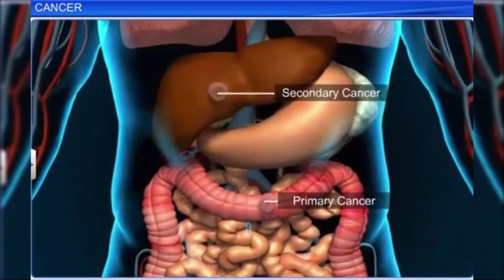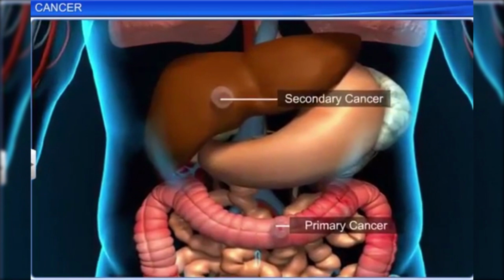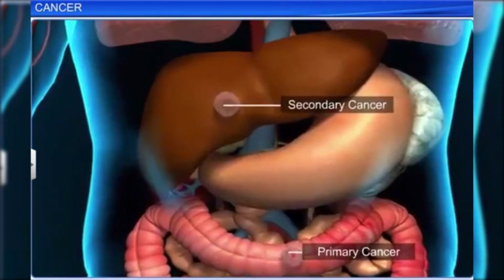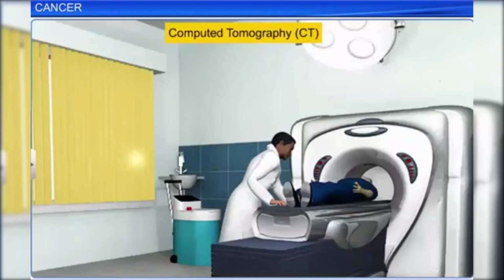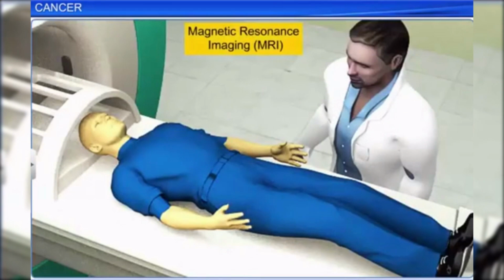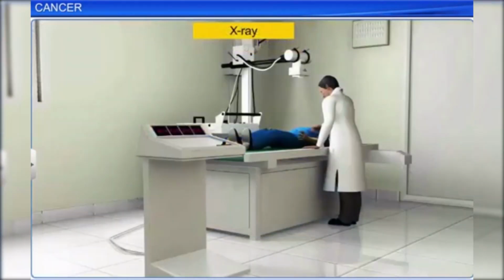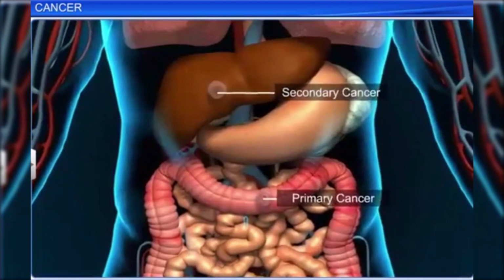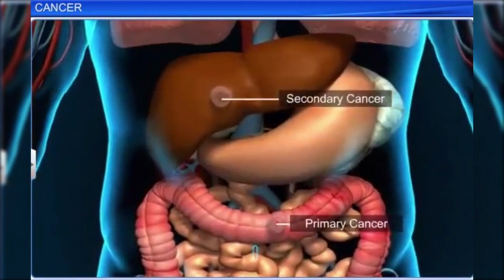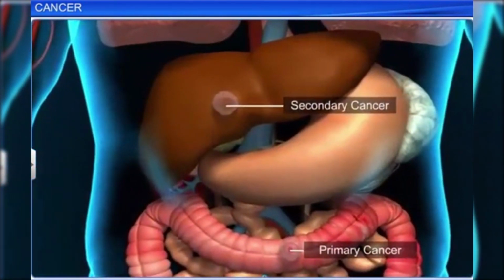In this manner, cancer can be diagnosed and treated with the help of several medical techniques if detected at the early stages. However, it is a killer disease and most often goes undetected by the human immune system.